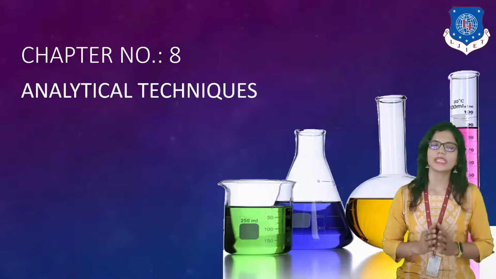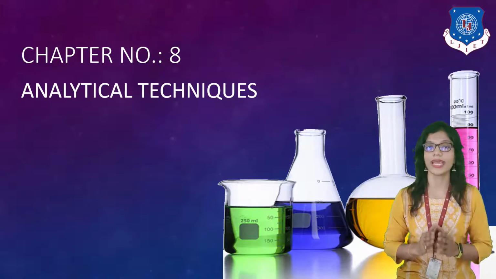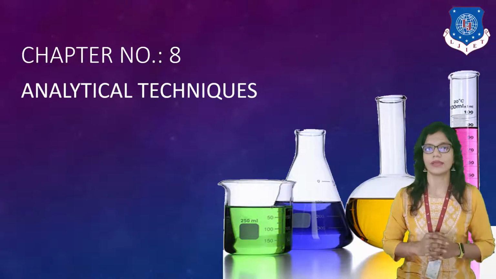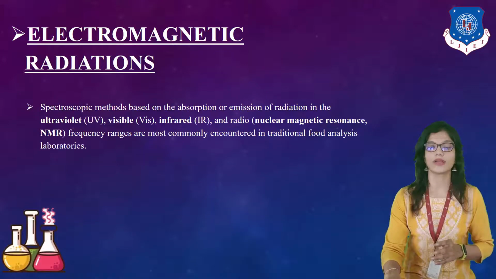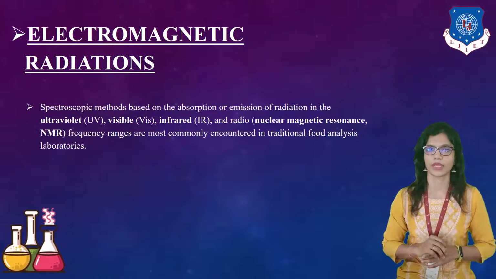It also gives us an idea about the quality, that means identification as well as quantification of that particular sample. So here we are going to start with typical spectroscopic methods, right?